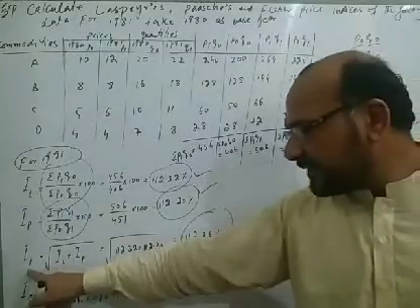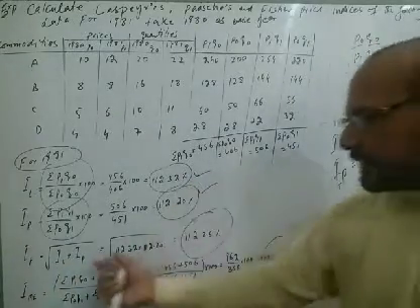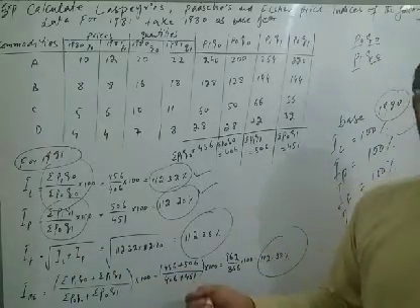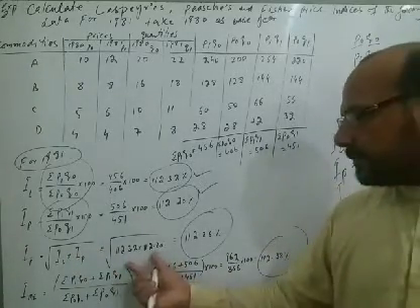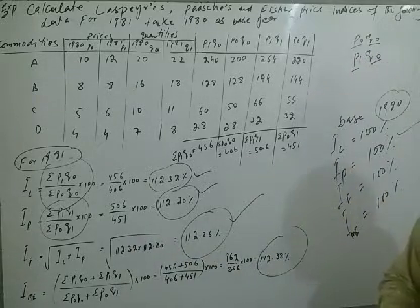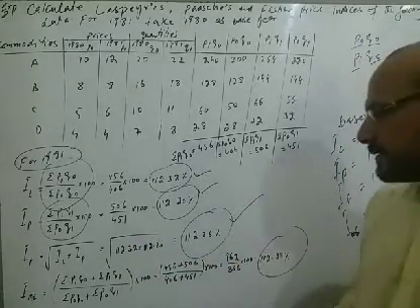Now for Fisher, after finding these two, just multiply them, because the formula says multiply and take the square root. When we multiply them and take the square root, it becomes 112.26%.